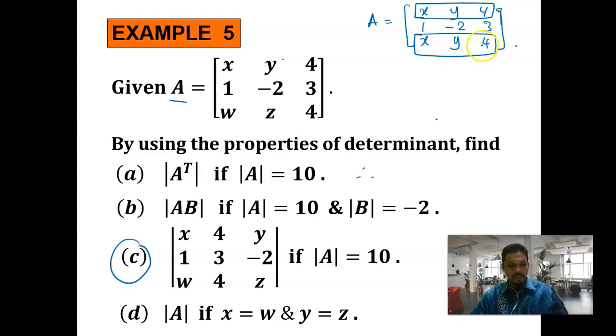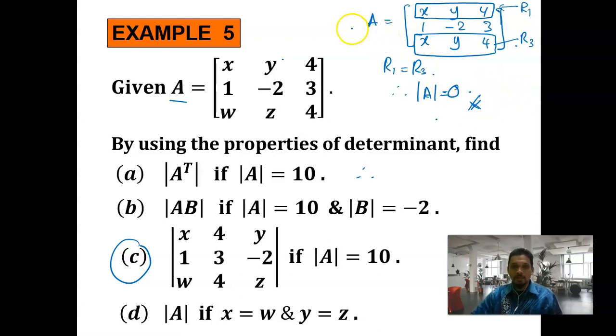Row 1 equals row 3, so the determinant of A equals 0. This is for solution D.